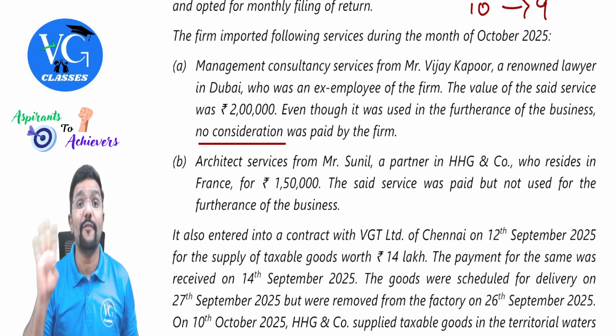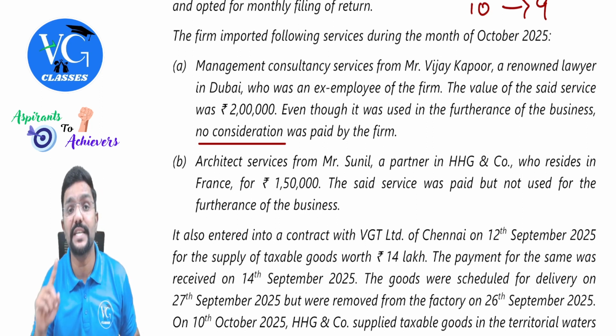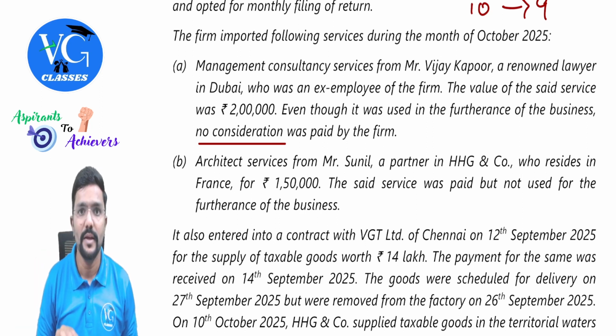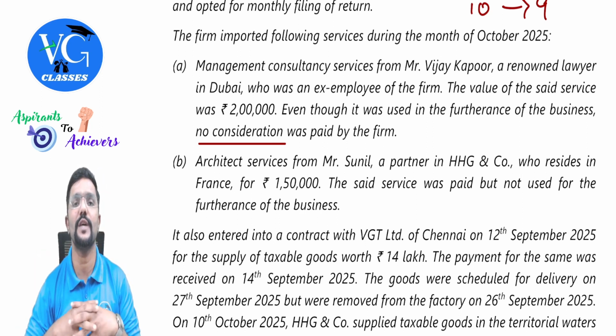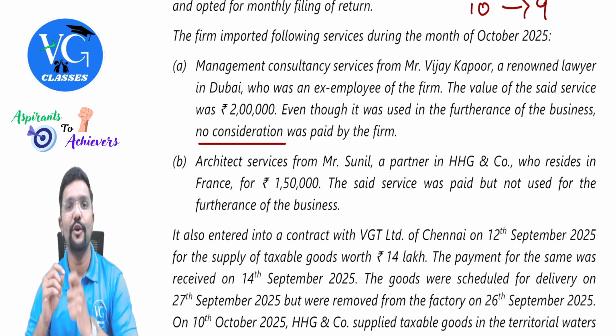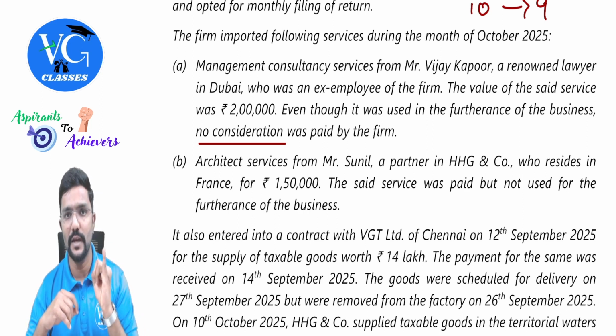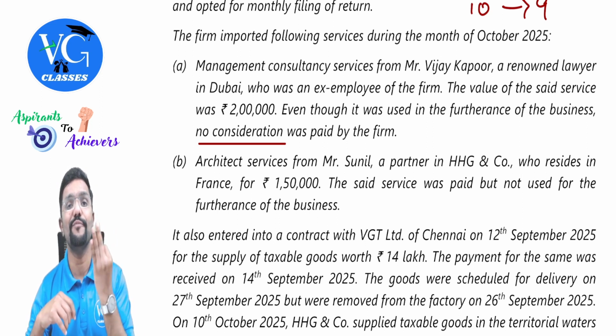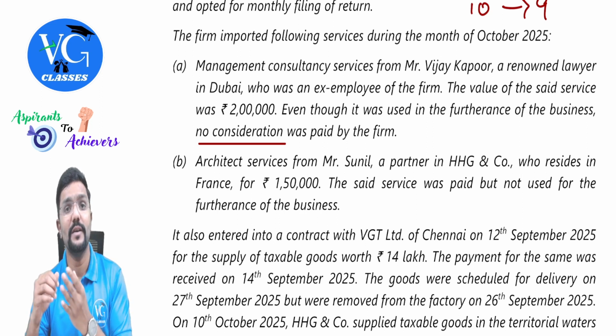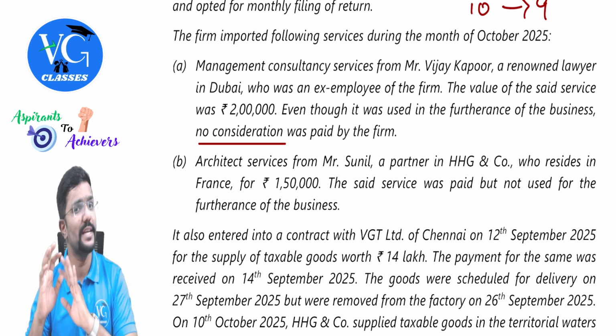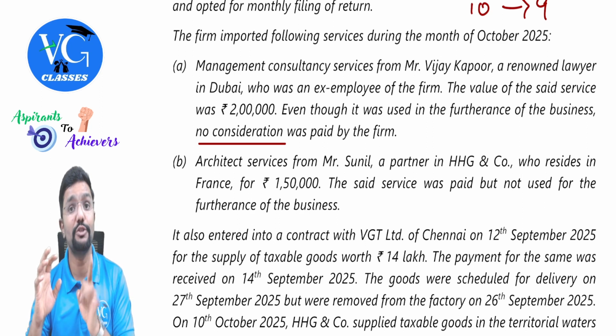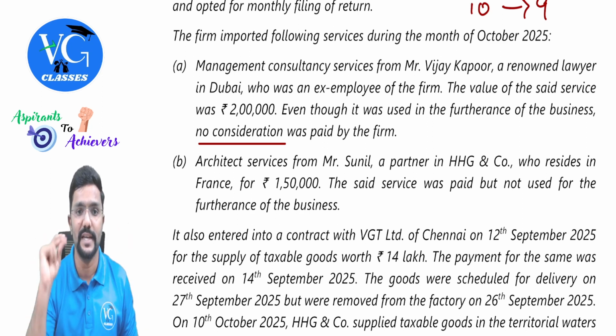Now let us check Para 4 of Schedule 1, read with Section 7(1)(c), because even that talks about import of services. So Para 4 will tell like this: import of services from a related person or establishment outside India in the course or furtherance of business. In this case there is no consideration, but here it should be in the course or furtherance of business.